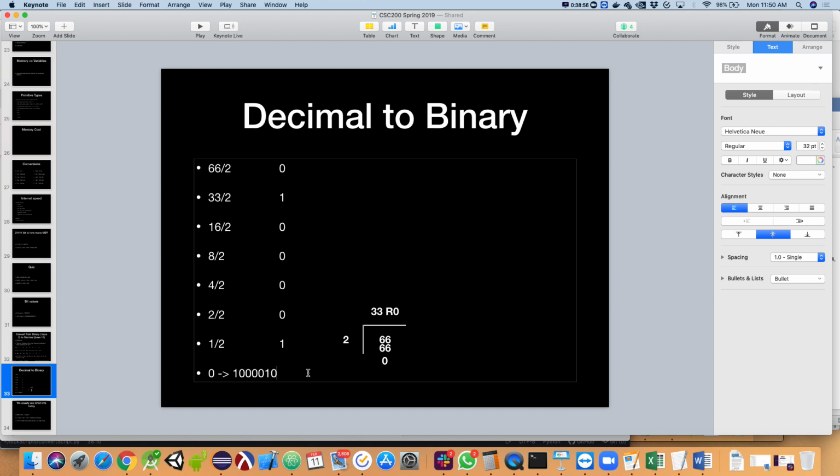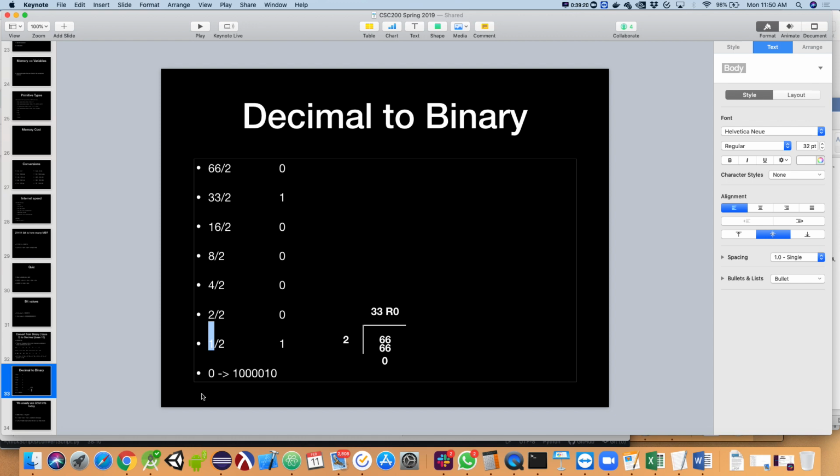For the last one, 2 goes into 1 0 times with the 1 remaining. Correct. So you get that 1. The reason I got the 1, this wasn't some sort of special case. So 2 went into 1 0 times, so I take 0 times 2, which gives me a 0, and it takes 1 extra to get me to the 1 that's over here. So it's the exact same pattern.